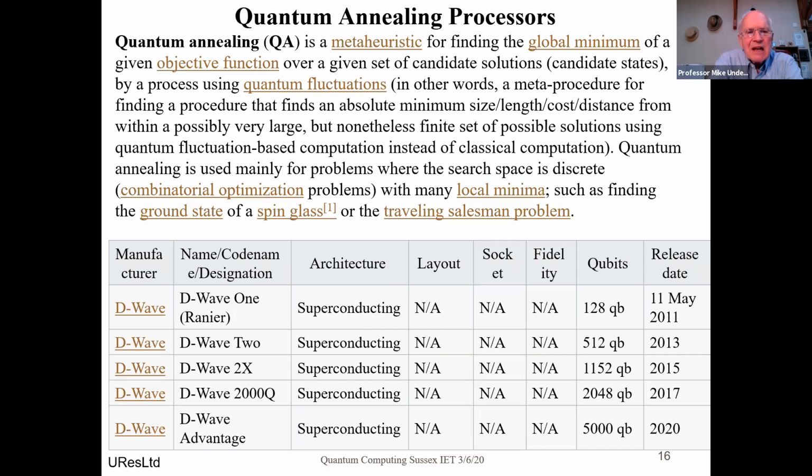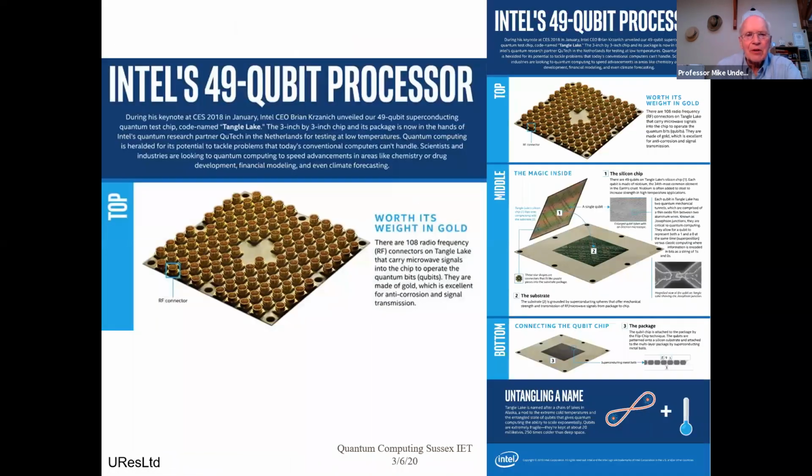Nonetheless, the manufacturer D-Wave is specializing in that. But note in the qubits column, 128 qubits, 512, 1152, 2048, 5000. So this is the progress they're making. So they're having a lot more in the way of qubits from that point of view.